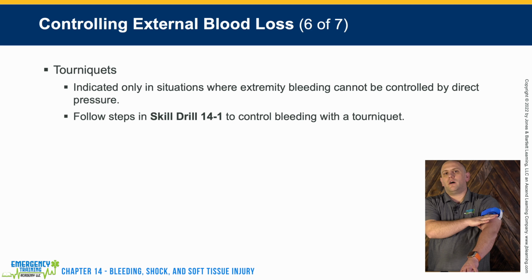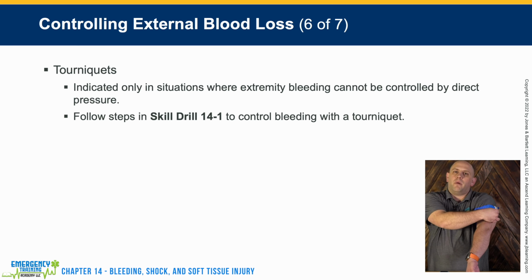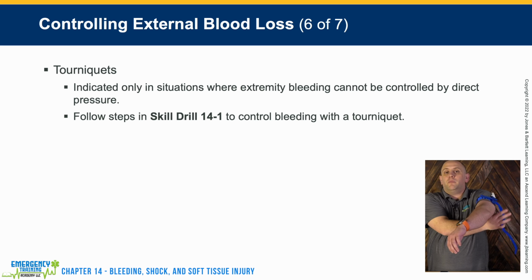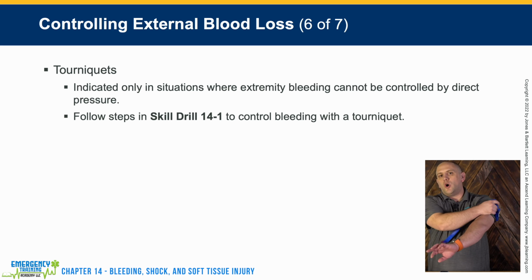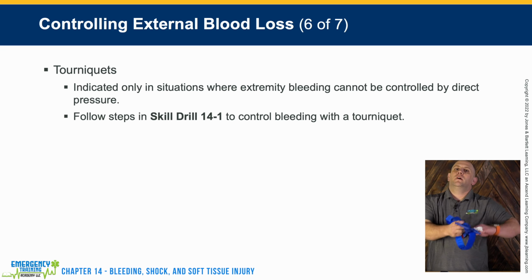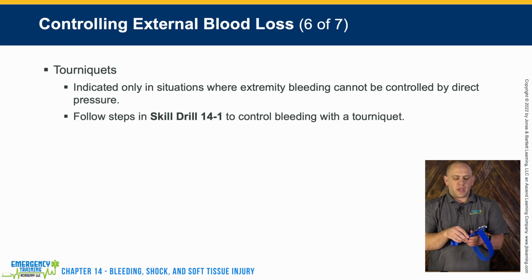So if we cut off the veins, but we have not cut off the arteries, then we'll end up with blood flowing in that can't flow out. And that is when we start to have problems caused by our tourniquet application. So it's really important that we make sure that these tourniquets are applied as tight as we can and that there is absolutely no pulse felt below the application.